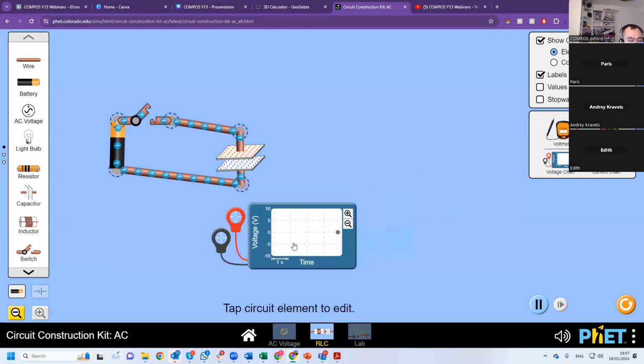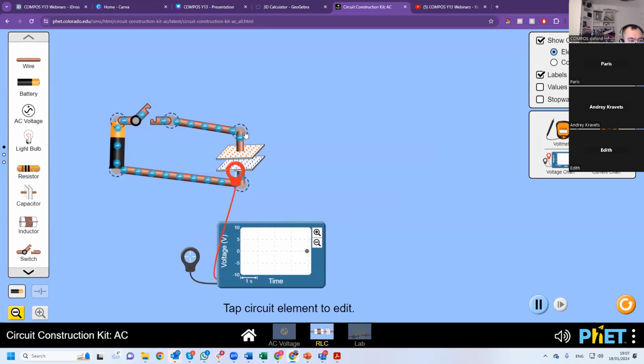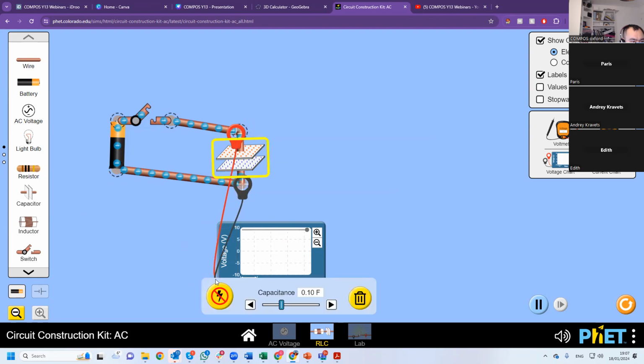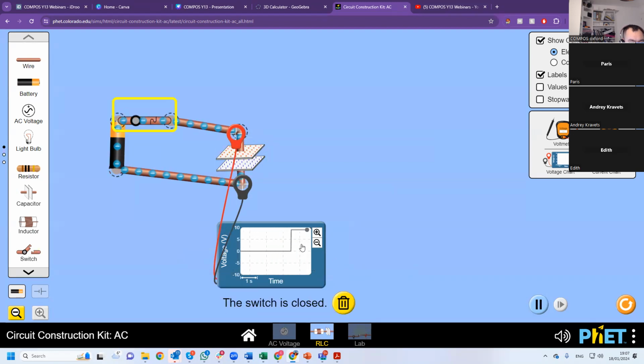And I'm going to measure the voltage on the capacitor. Of course, I can discharge it, and now the voltage is 0. Now, if I close the switch, the voltage steps up.